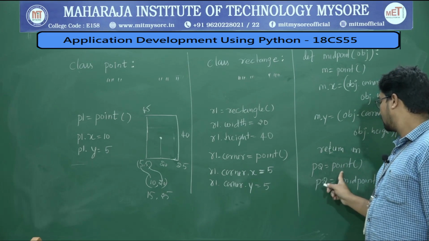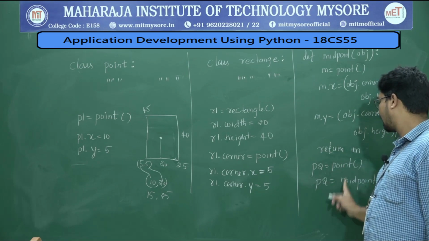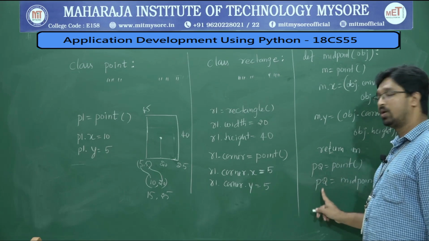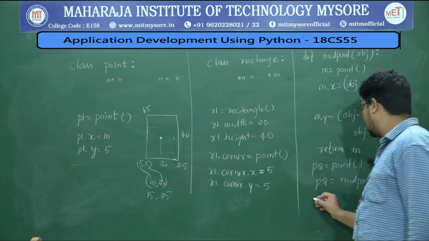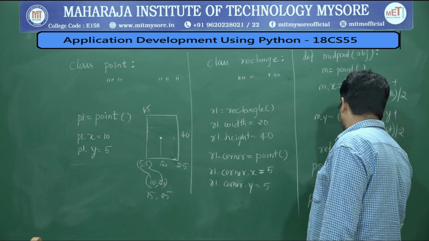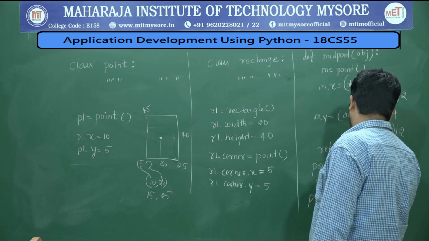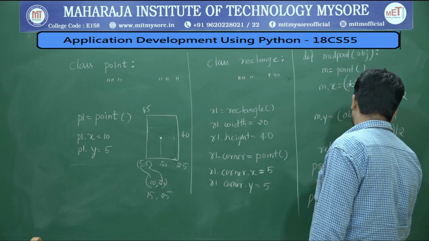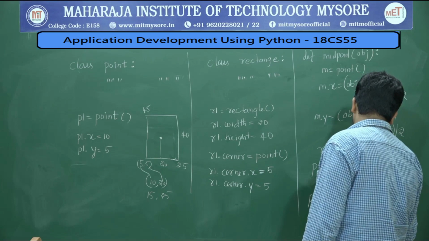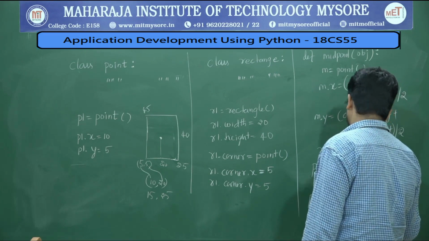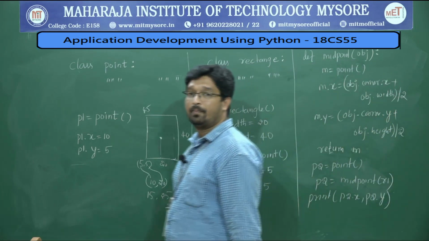So midpoint is returning back a point object, so P2 becomes a point object. Then if you want, you can print P2 dot x comma P2 dot y. So these two values are printed.